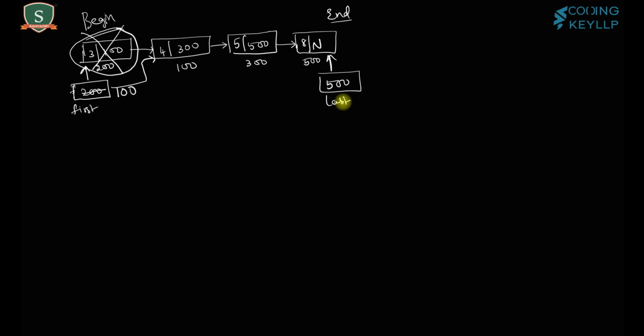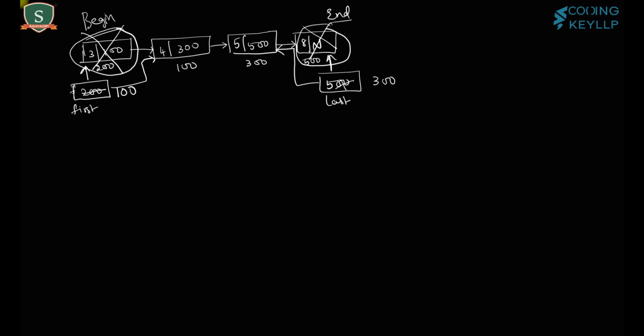If you are deleting an element at the end, the last node has to be freed, because it is dynamic memory allocation, and the last variable has to be updated with 300, that is the previous node. So, this is how we have to update the values.